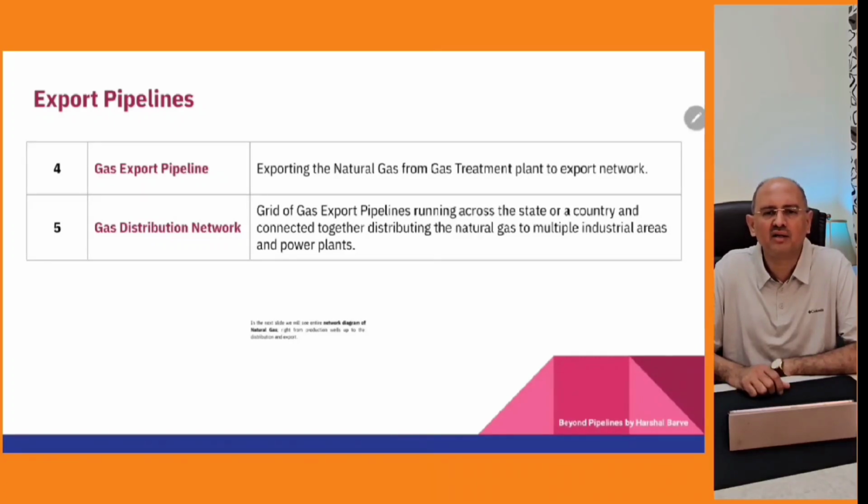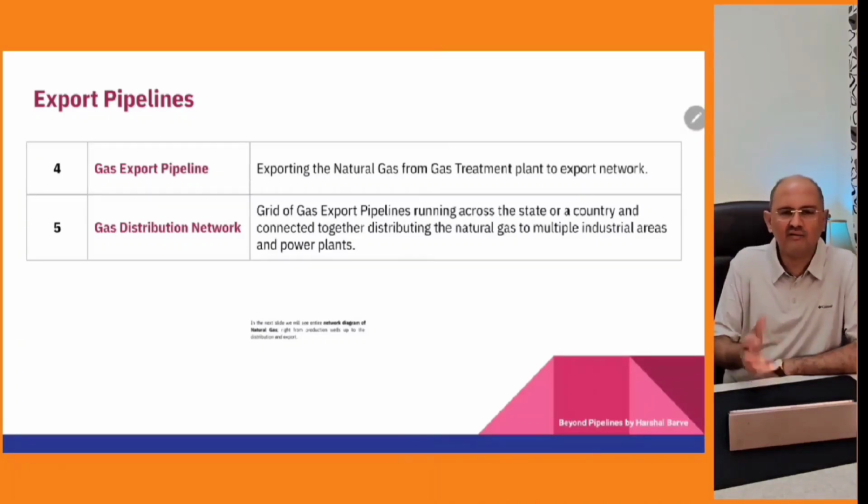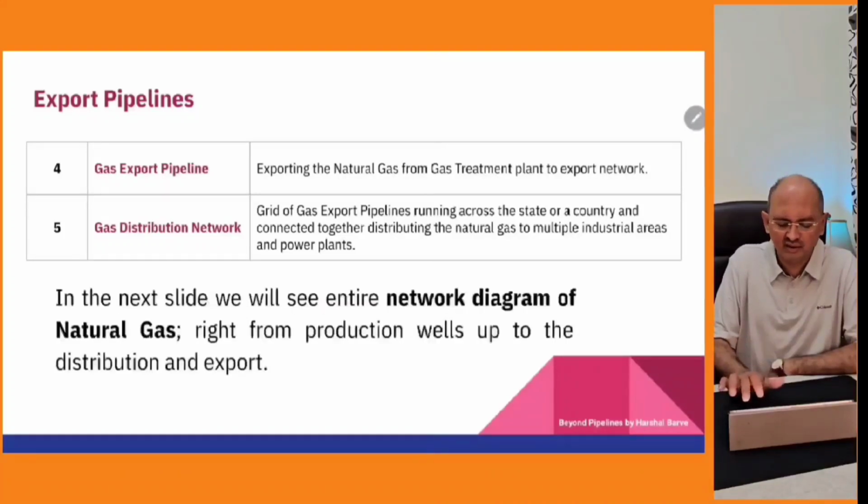But actually, it's like an electrical grid. It's called the pipeline gas grid, and it has high pressure and high capacity of gas in these lines. Wherever your requirement is, it will be distributed by providing a connection from this main grid pipeline to the local use. I will show you that in the next slide.